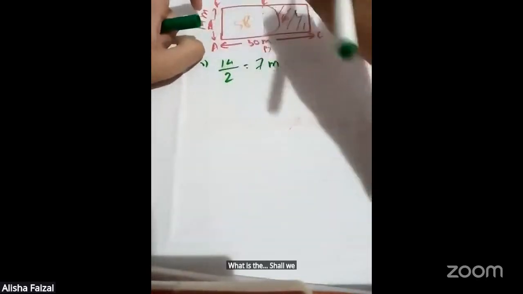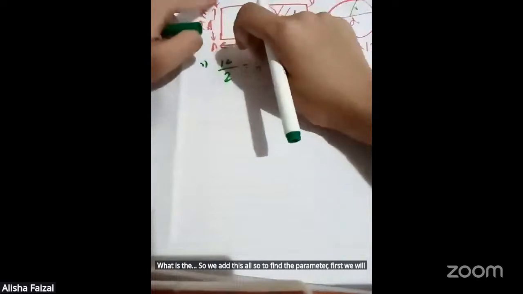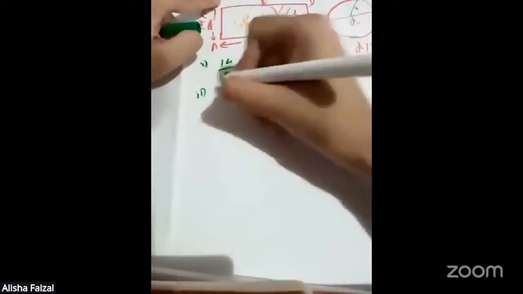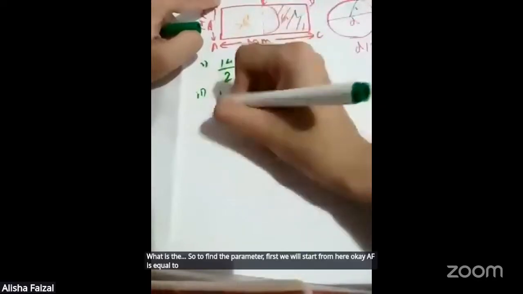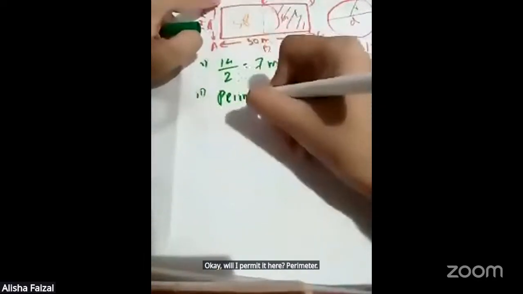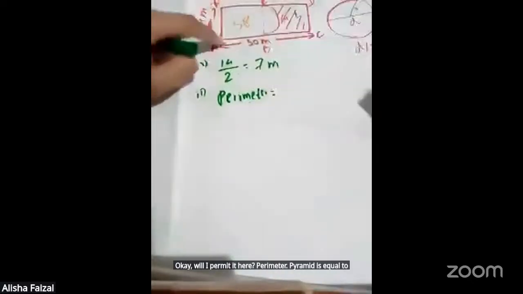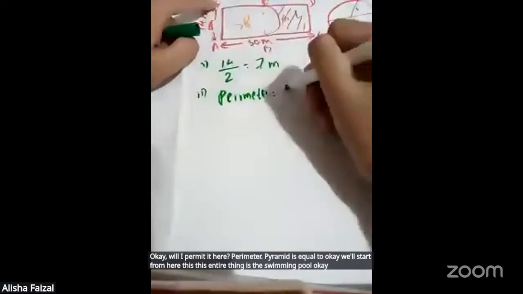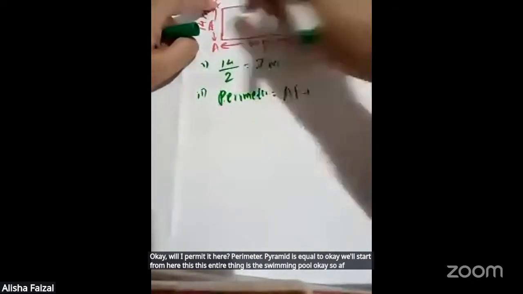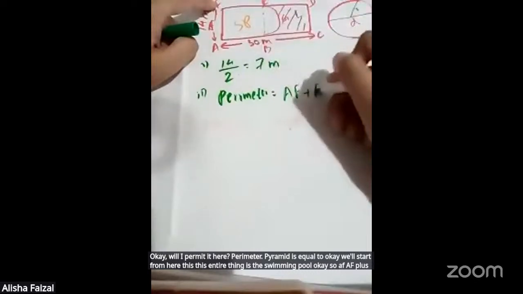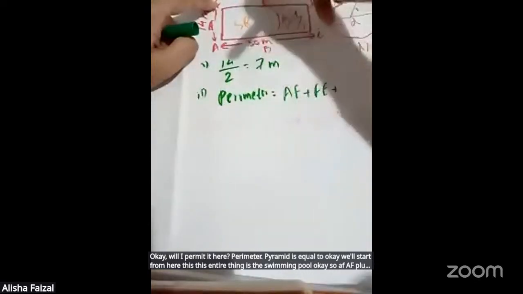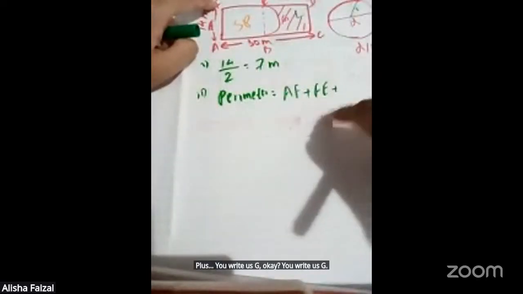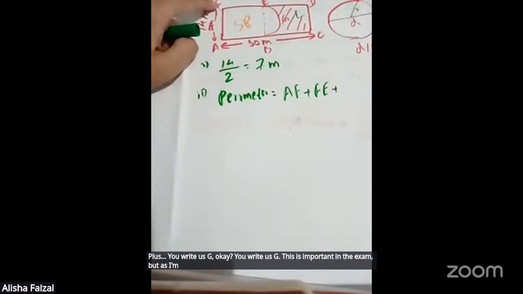So to find the perimeter, first we'll start from here. We'll write perimeter here. Perimeter is equal to, we'll start from here because this entire thing is the swimming pool. So AF plus FE plus G. This is not important in the exam, but as I'm explaining, I'm going to write these letters.